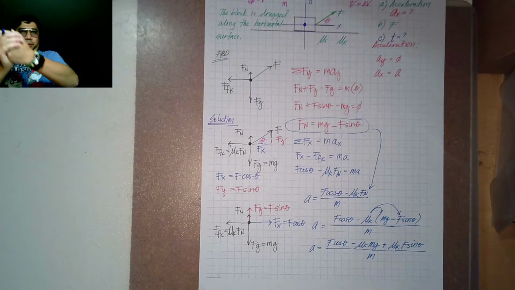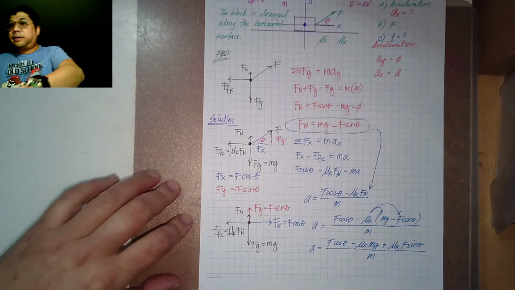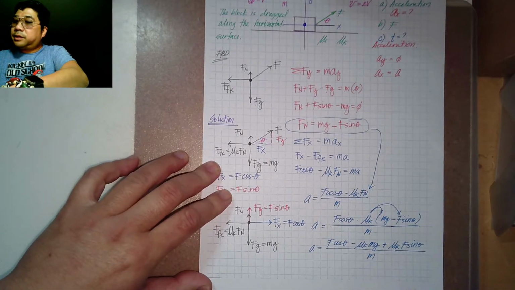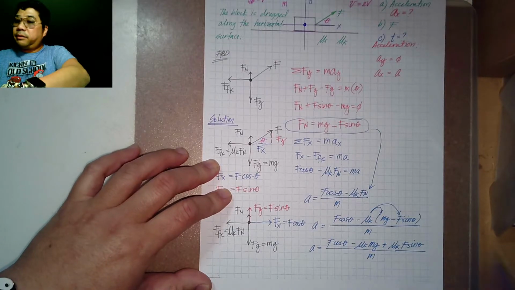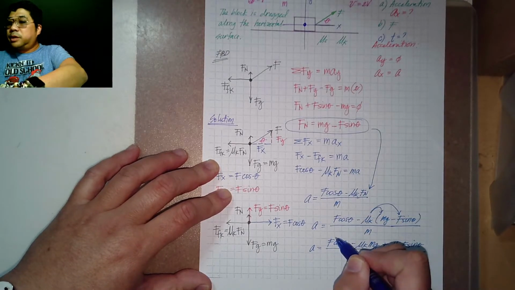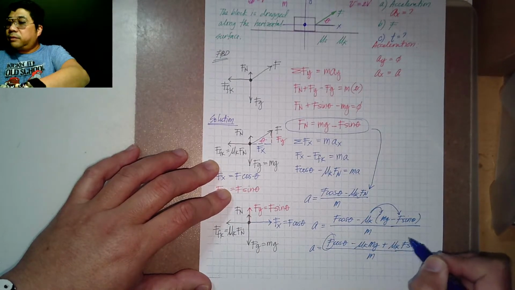So what I'm going to do, I will combine the coefficients of the variables that are the same. So I have F and F over here.